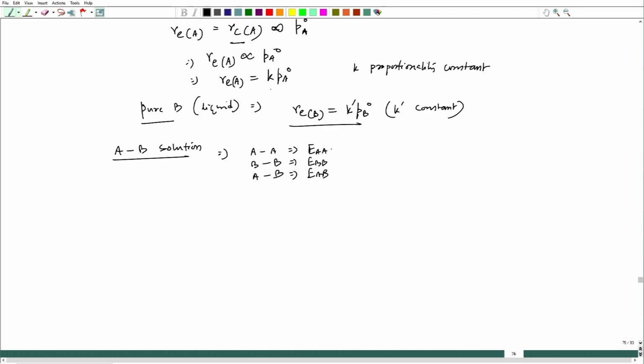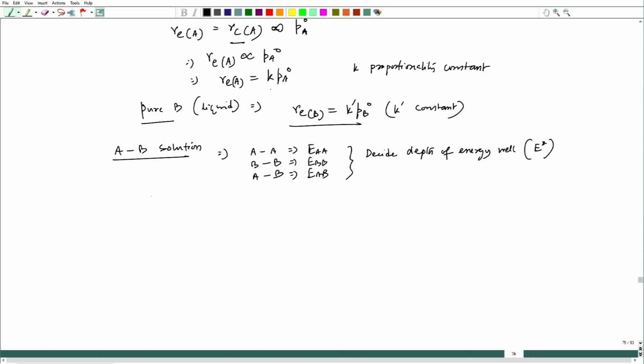So, these 3 bond energies would exist. Now, these bond energies would decide the depth of the energy well, or they can decide E star, the activation energy that will be needed for evaporation.